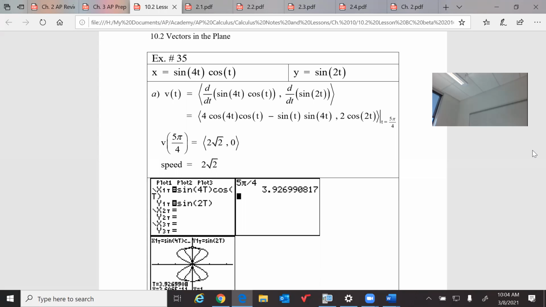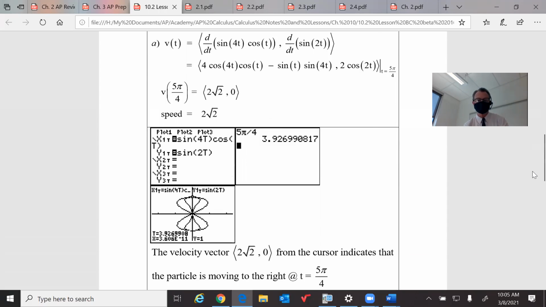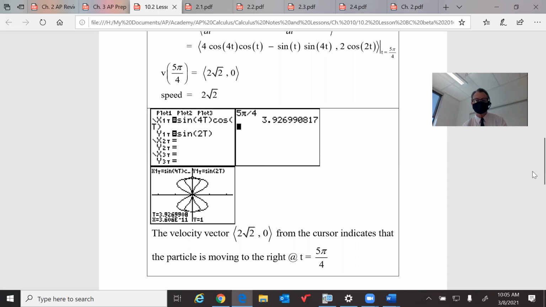So the speed would be this squared plus this squared, square root of that, which would be just 2 root 2. Okay? And then the particle's going to the right at time 5 pi over 4.